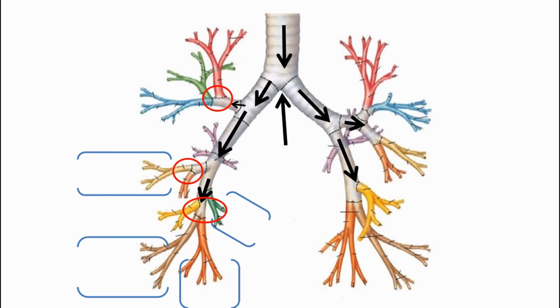This tertiary bronchus is going to enter a pulmonary segment, and there are 10 segments in each lung. These are segments of the lower lobe of the right lung. These are 5 segments of the right lung.